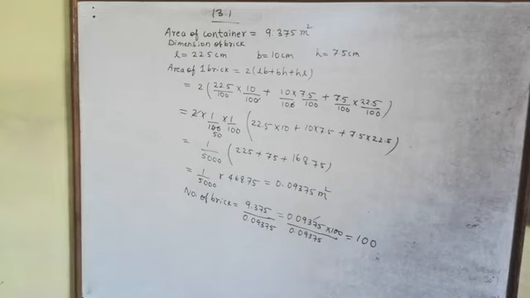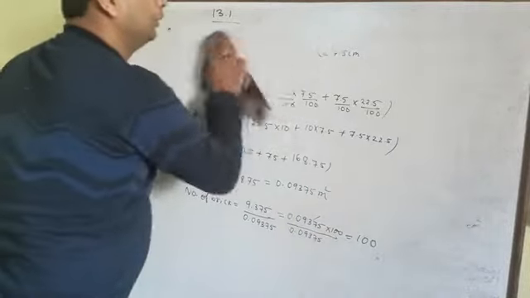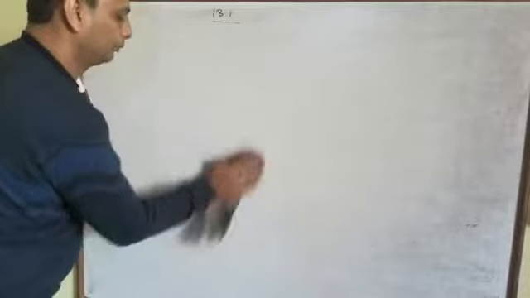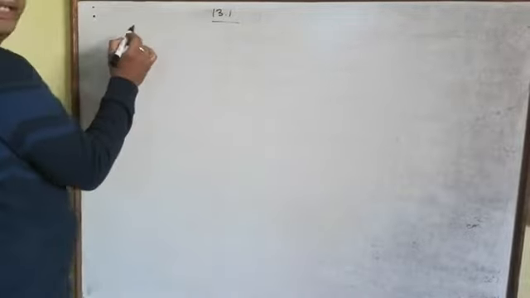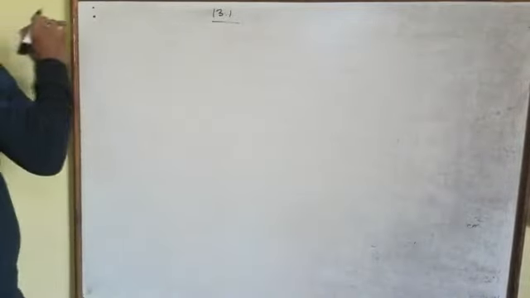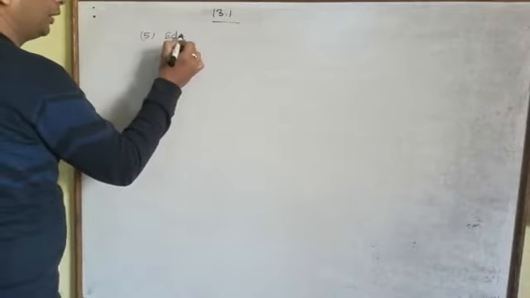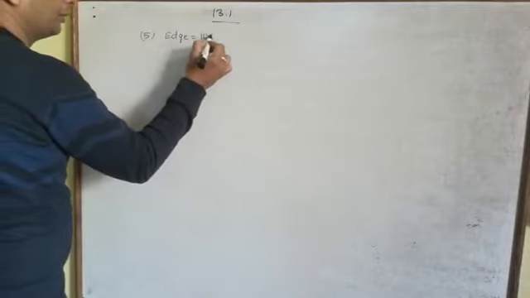Now next question. So this completes the solution. Now cubical box edge means sides. Edge means side. Cubical box, that means all sides we have to take as equal. Cubical box edge is 10 centimeter.